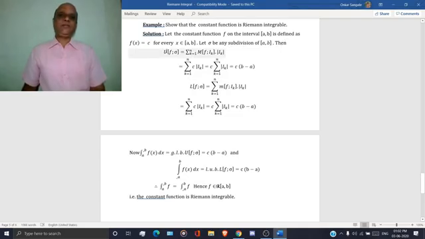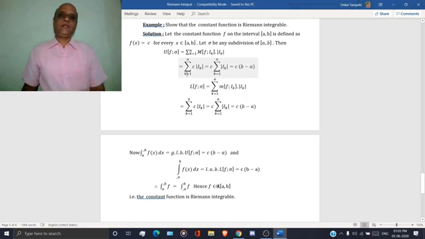Then by the definition of upper sum, the upper sum for f corresponding to subdivision sigma is the summation k equal to 1 to n of the maximum of the function over the interval I_k times the length of I_k. Clearly the maximum of f over I_k is c.